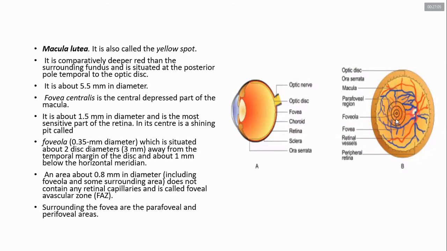And over here, the central depression is quite red in color and is called the macula lutea. Over here, the vessels emerge. Over there, there is no vessel, so it is an avascular area. You don't see any vessels over here. Any more difference?